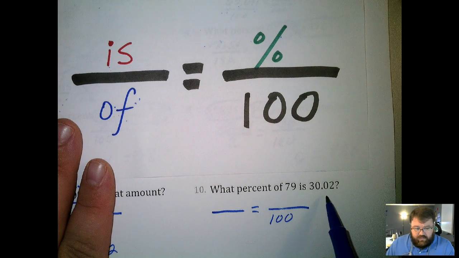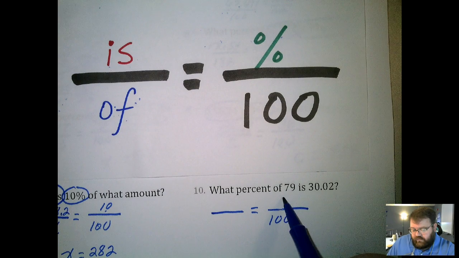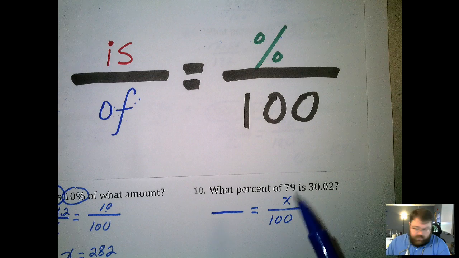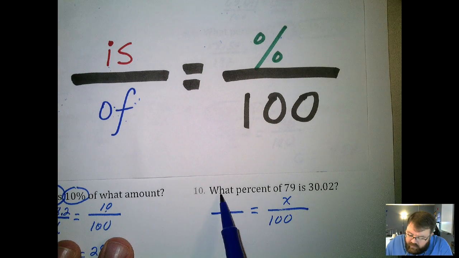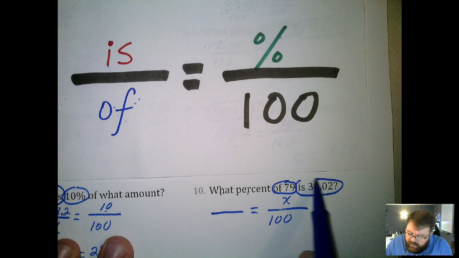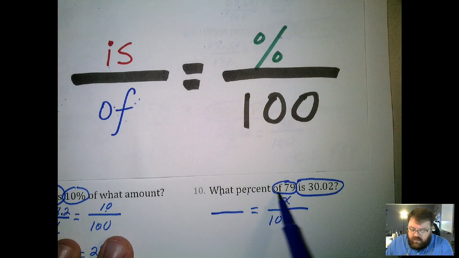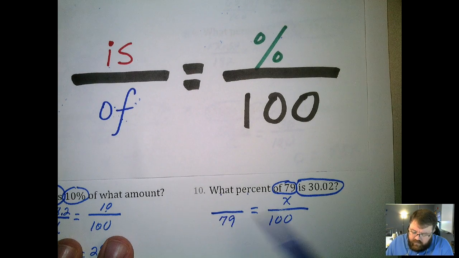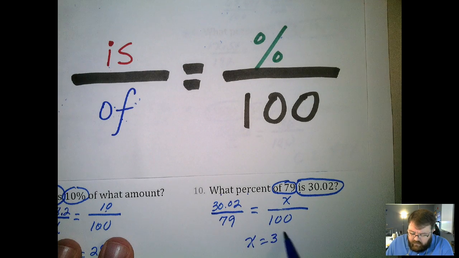You saw that you did not have a percent, so you put your variable. From here, you would need to read the question: what percent of 79 is 30 and 2/100ths? So "of" 79 goes in the denominator, and "is" 30 and 2/100ths goes in the numerator. Cross products, and you should have gotten x is equal to 38%.